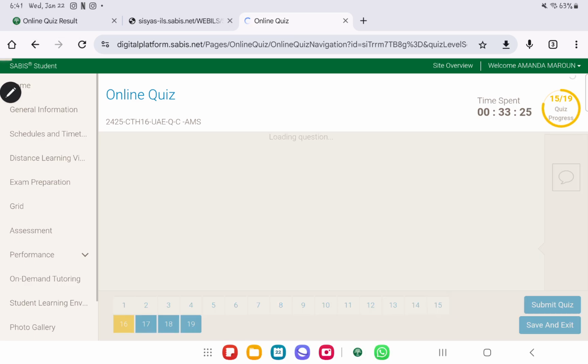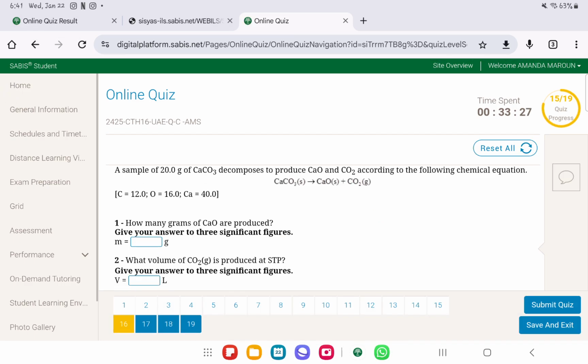Moving on to question number 16. This is a nice question. Okay? How many grams of CaO are produced if a sample of 20 grams of CaCO3? 20 grams of CaCO3 means 20 divided by the molar mass of CaCO3, which is 40 plus 12 plus 16 times 3.